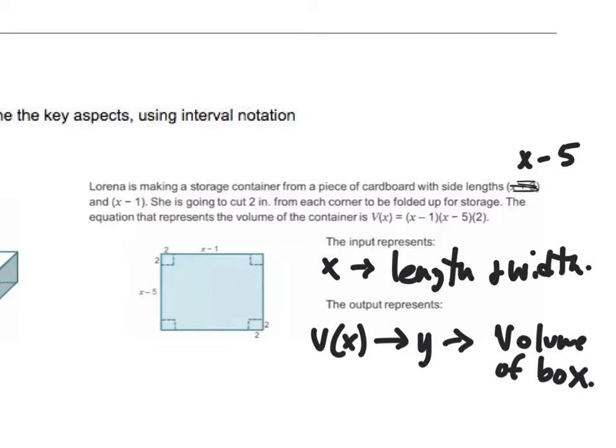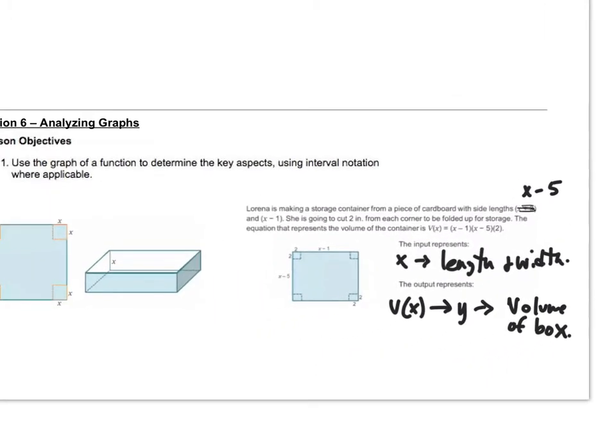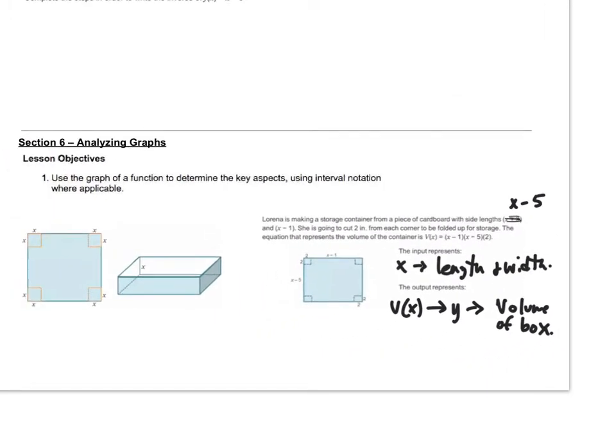We use these because you can change the length and the width, and that affects the volume of the box. So what we're going to do is look at some graphs to help us determine how different things affect other things. In this example specifically, how does the length and width affect the volume of the box?